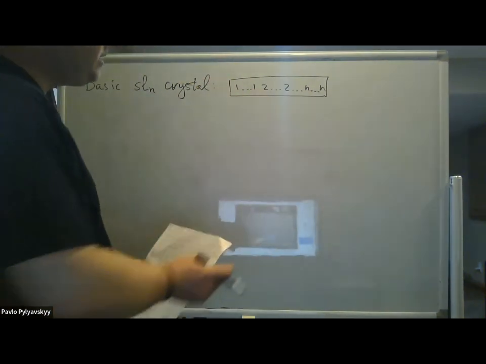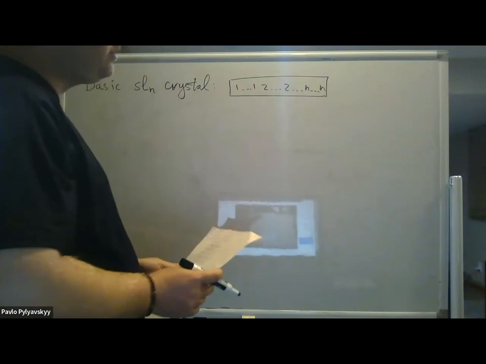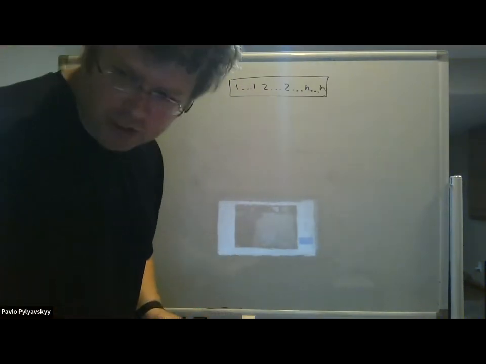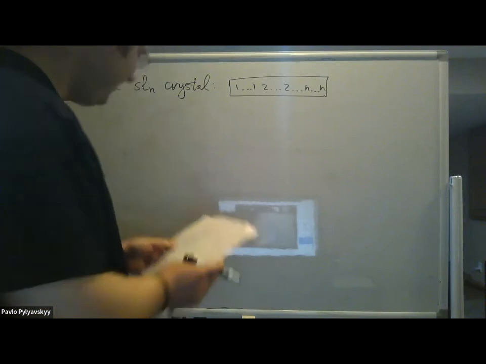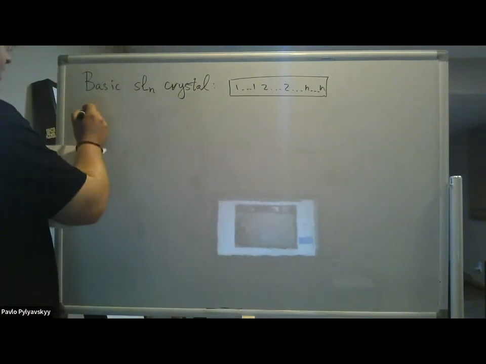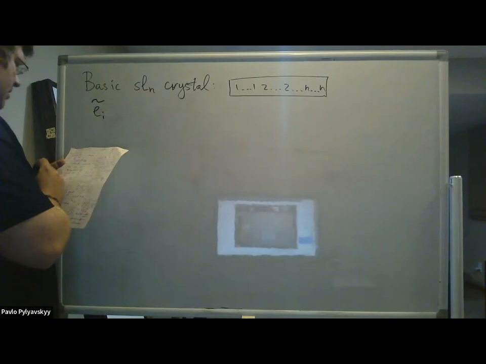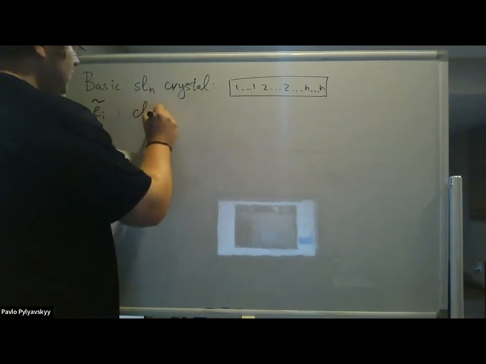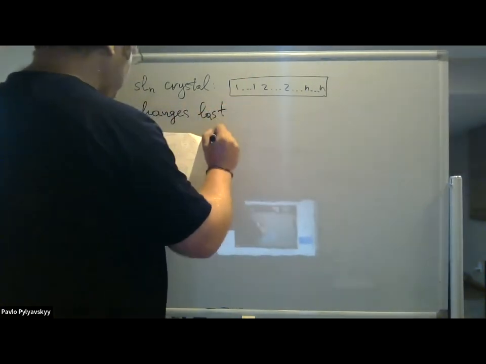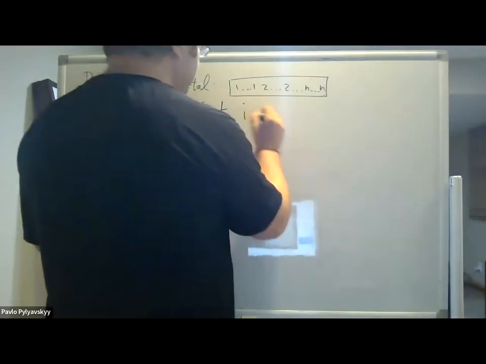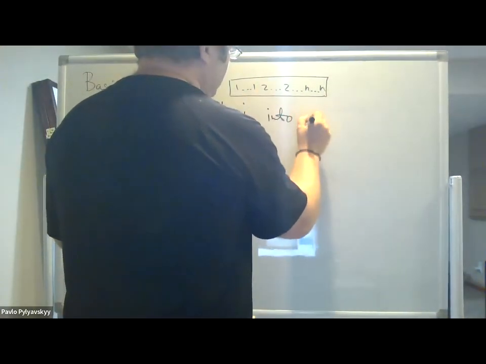What does it mean? It means a single row semi-standard tableau filled with numbers 1 through n. Can people hear me? And crystal operators Ei tilde. So operator Ei tilde changes the last i into i plus 1.